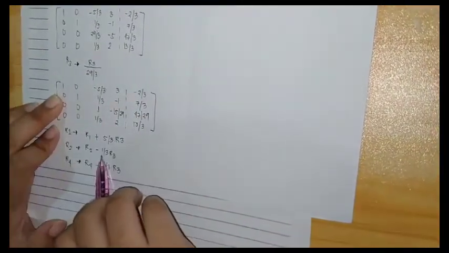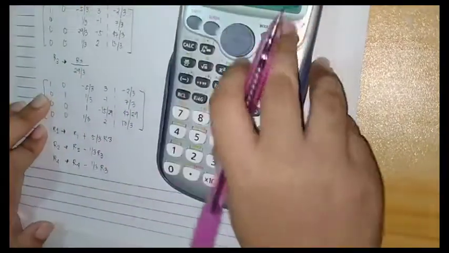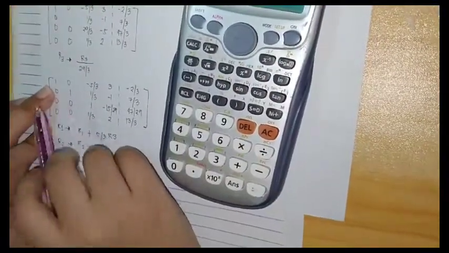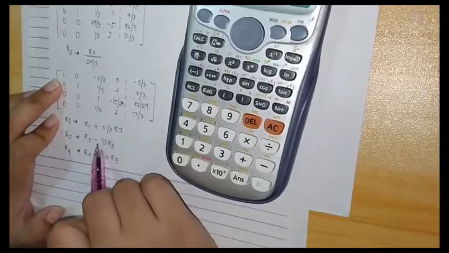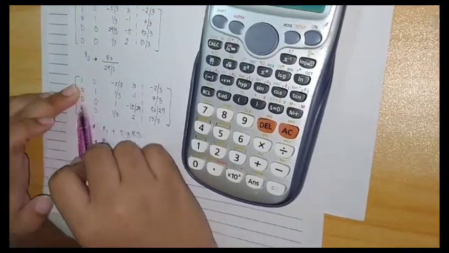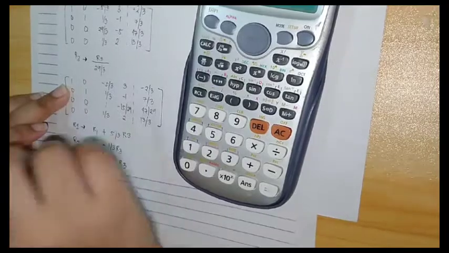So in row 2, R2 minus 1/3 R3. So R2 here is 0 minus 1/3 R3, which is 0. Since it's 0, the answer is 0.